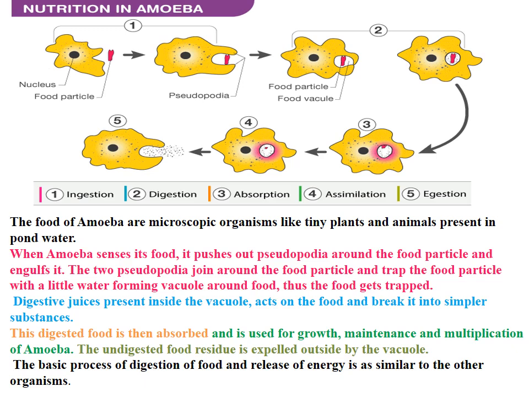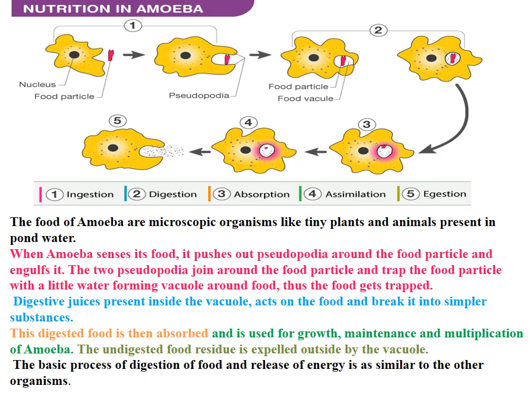Okay, I hope you understood. Next is the last process, that is egestion. How does egestion take place? The undigested food residue is expelled out by a vacuole, when they have totally digested the food and taken whatever they require, absorbed it and used it for their growth, maintenance and multiplication. The waste materials are rejected materials from their body, which have no function in their body.